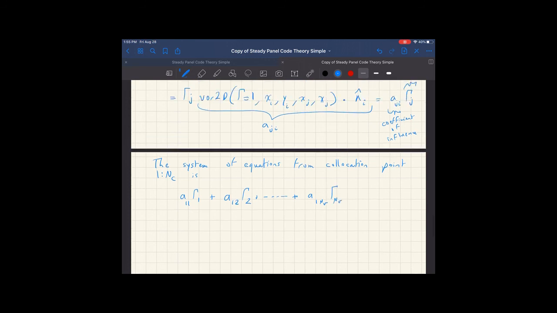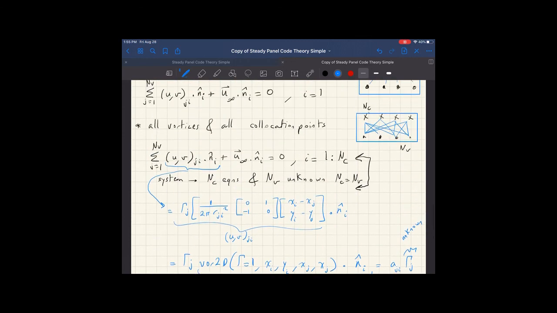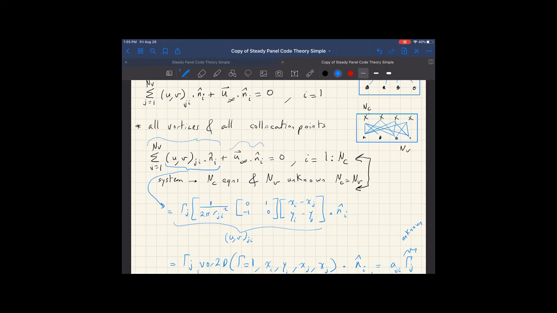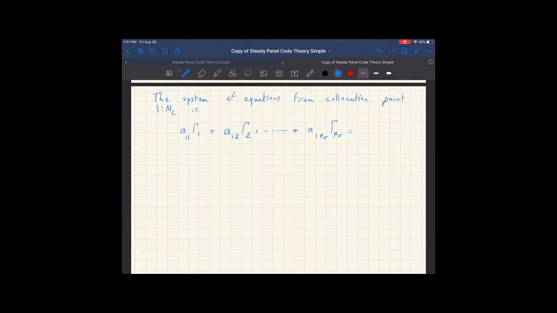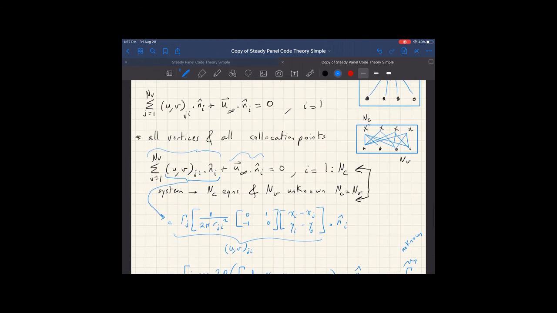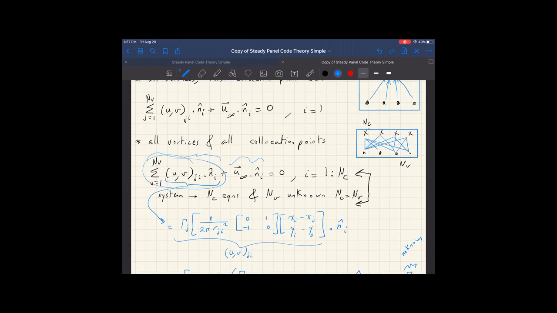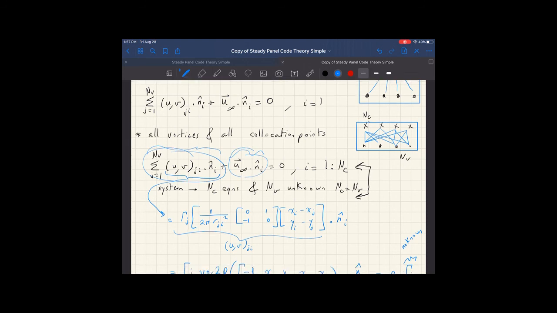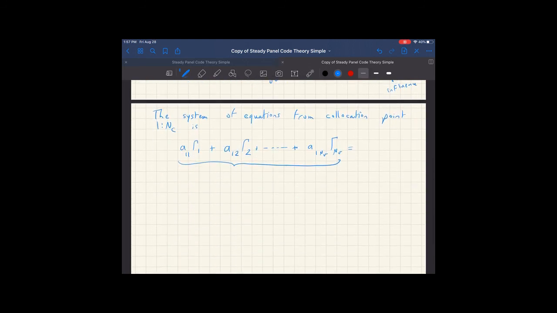And that is essentially, again, if you remember the equations we're interested in, that plus the free stream component normal to that collocation point sum to 0, which means that this expression here, which is equivalent to this expression, is equal to the negative of this expression, which I will put on the right hand side now.